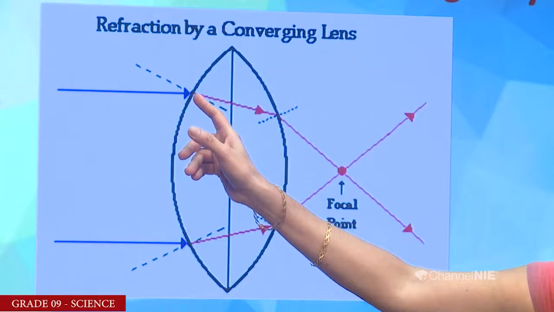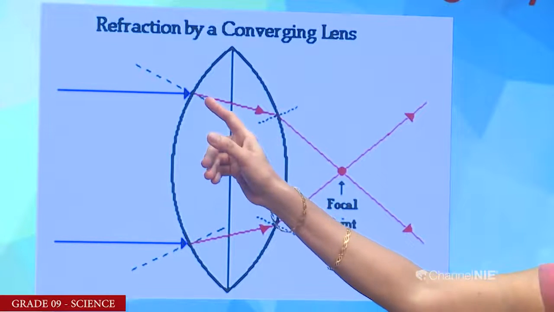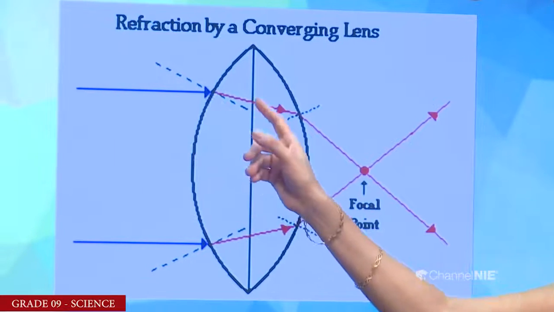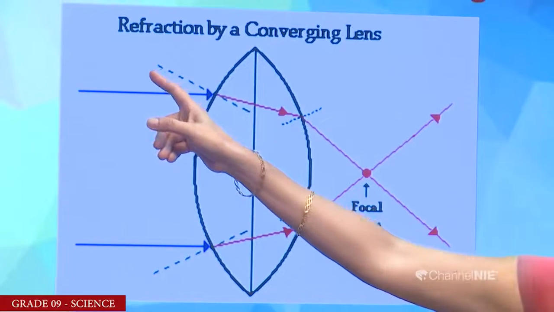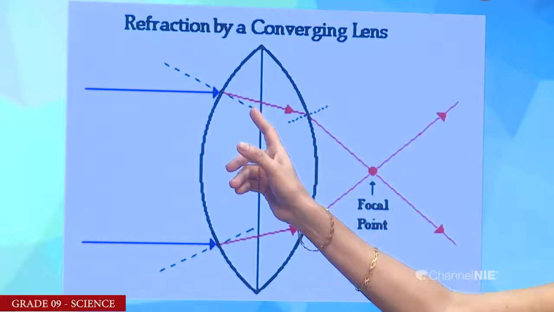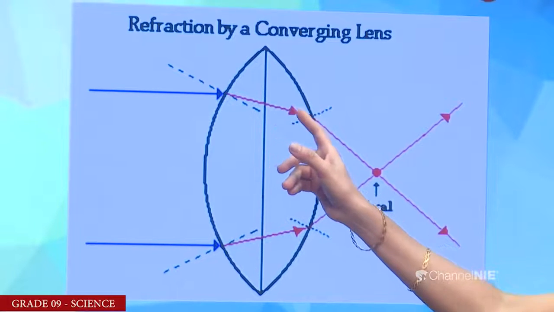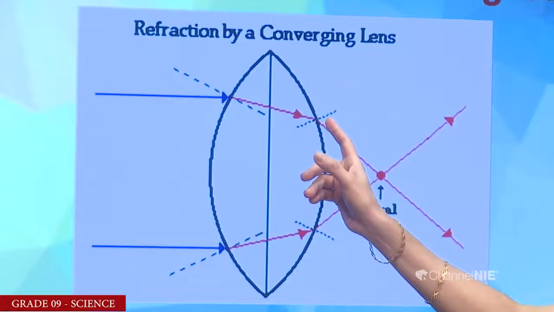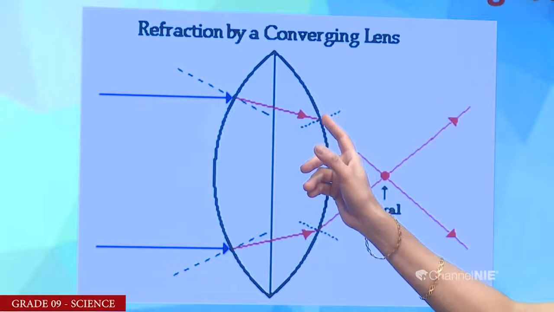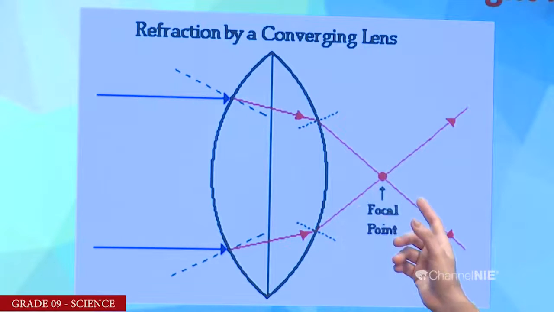So, you can see the light ray is bending towards the normal, so that this light ray is coming from air to glass. So, this is the rare medium and this is the dense medium. So, it bends towards the normal, and when the refracted light ray hits on the second surface, this is the normal, and at this point of incidence it bends away from the normal.